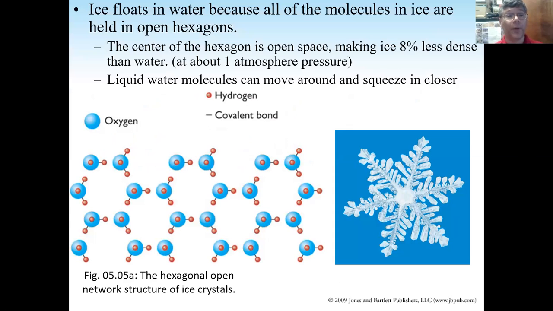I've noted this before, but this is because of the open hexagonal shape that the water molecules arrange themselves into in crystals. This is why we have a six-sided pattern of snowflakes. And because of this relatively open arrangement, ice is a little bit less dense than cold water. Liquid, they're moving around more, they can squeeze in somewhat closer.